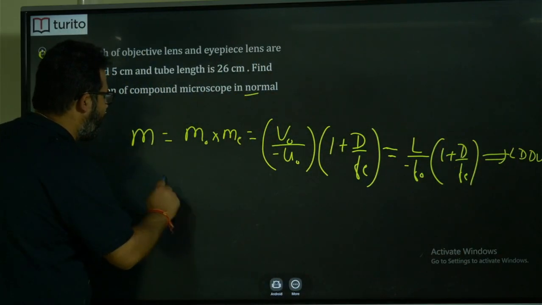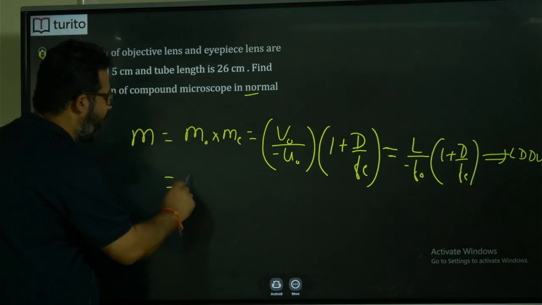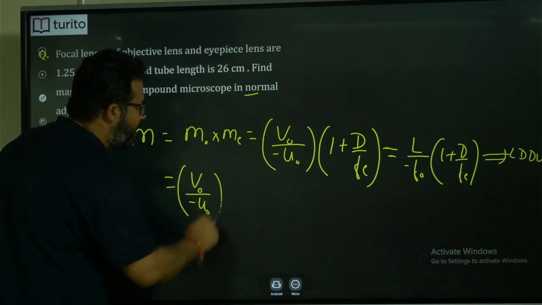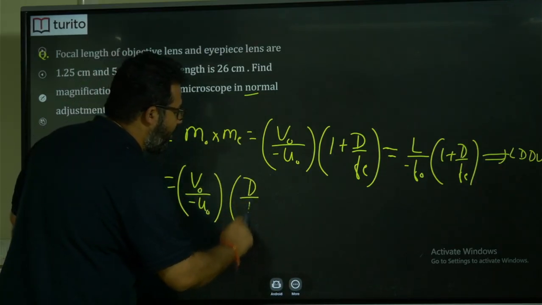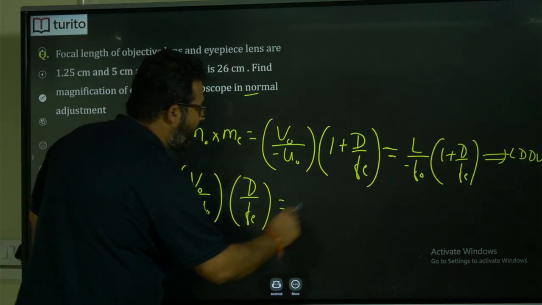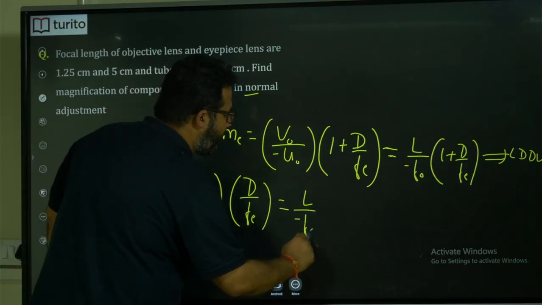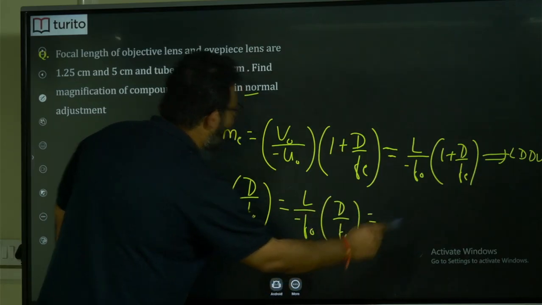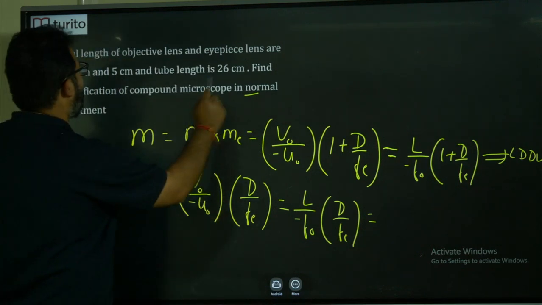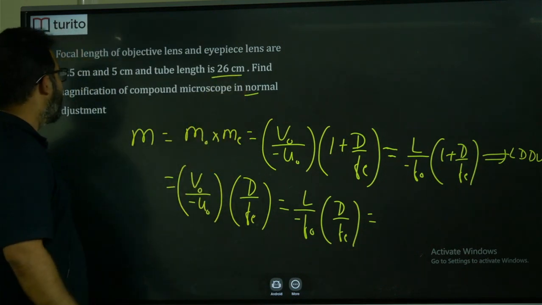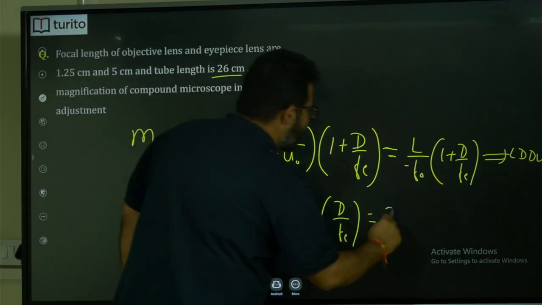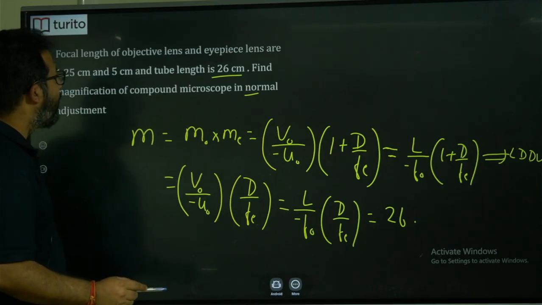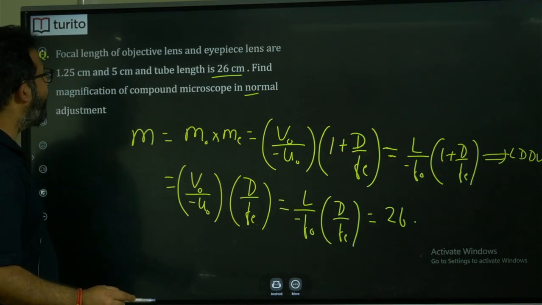Now in this scenario, the final image is at infinity, so the formula becomes VO by minus UO. Here there is a change, it will be D by FE, so it becomes L by minus FO into D by FE. Now the values are already given: L is 26 centimeter, so we put 26, and FO is 1.25 and FE is 5.